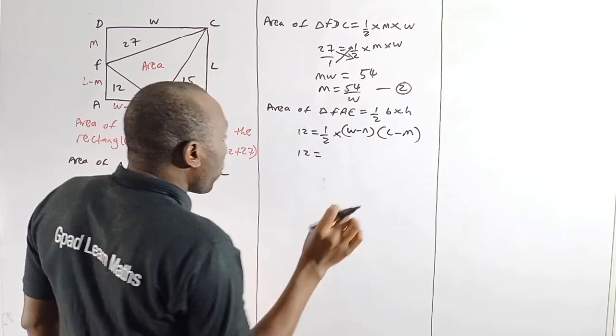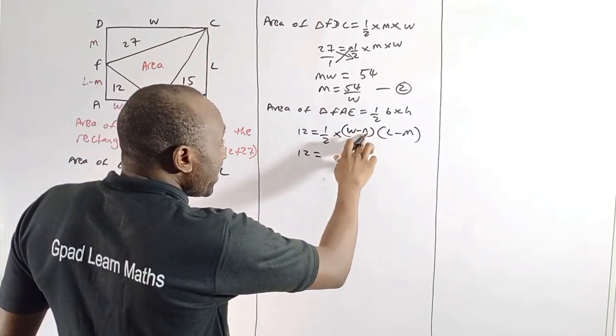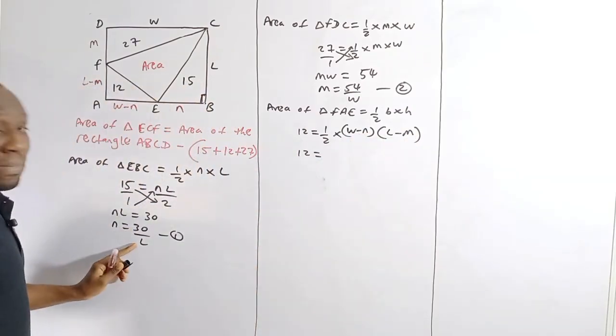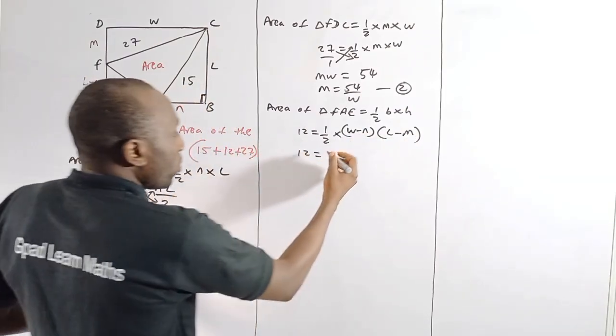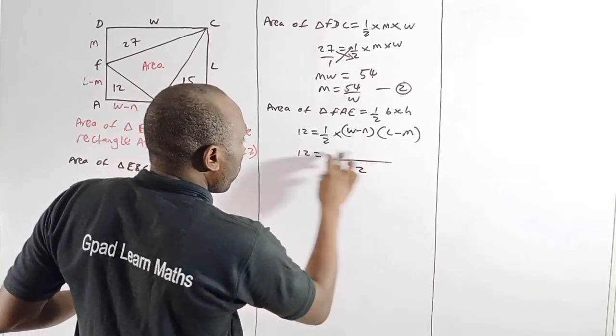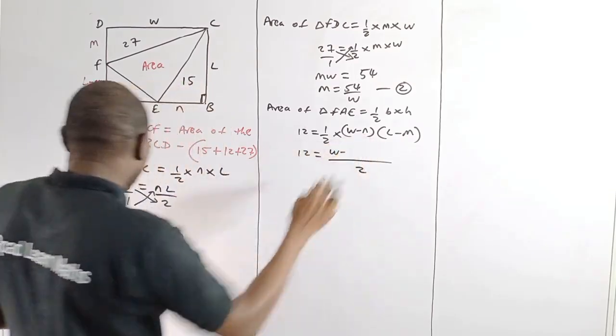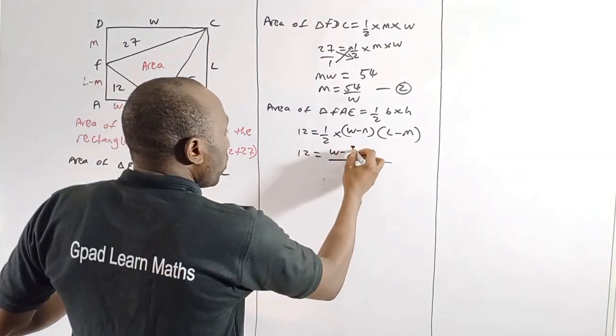Let's expand it. But before we expand, we know what N is and what M is. N is 30 over L. Let's plug it in. So that's W minus N, which is W minus 30 over L.